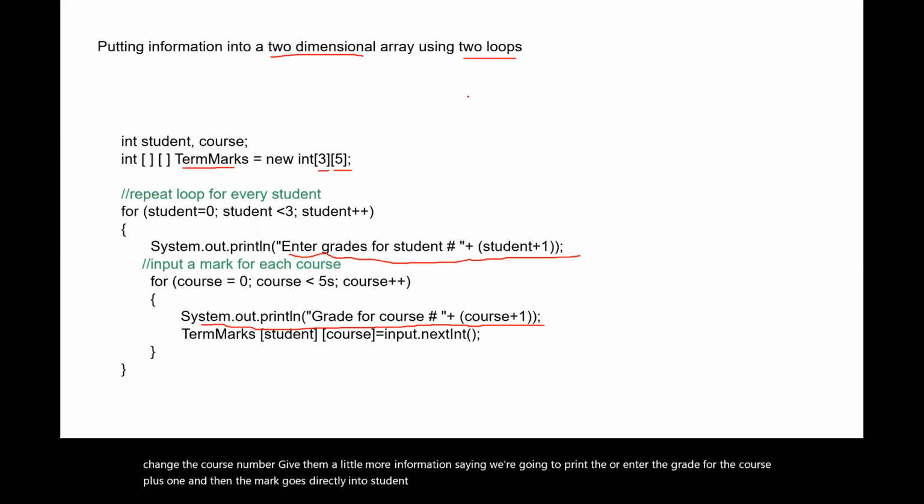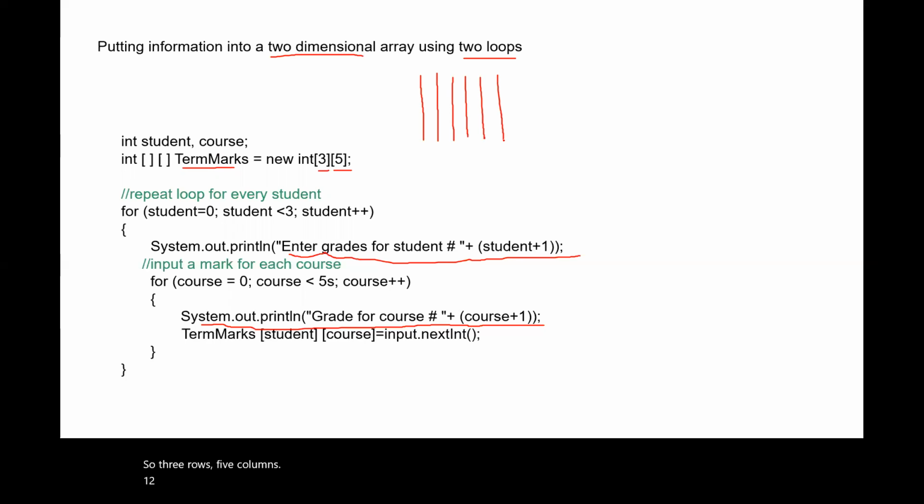So how does this work? So we've got a 3 by 5 array. So 3 rows, 5 columns. 1, 2, 3, 4, 5, and 1, 2, 3 rows. Rows 0, 1, 2, columns 0, 1, 2, 3, 4.